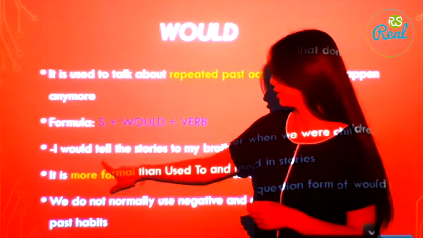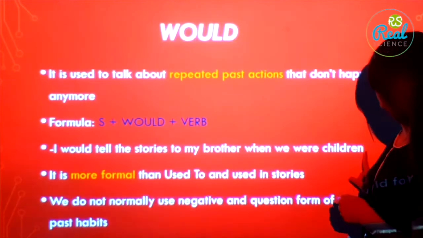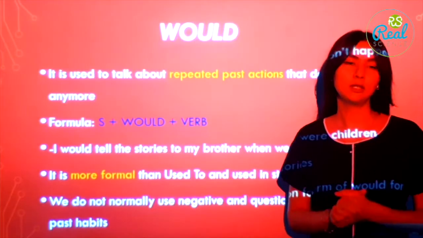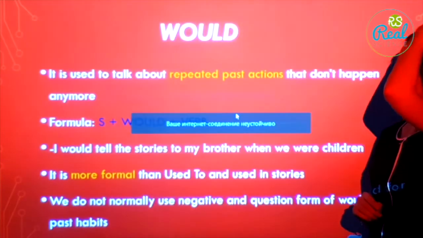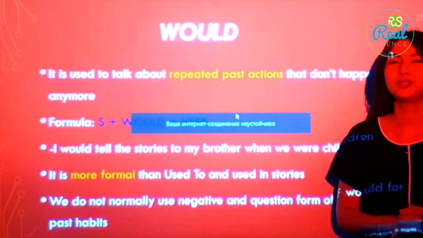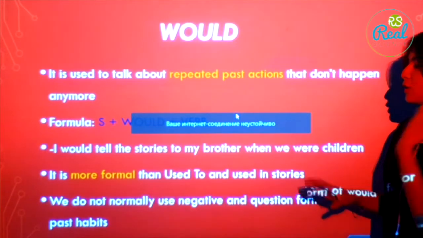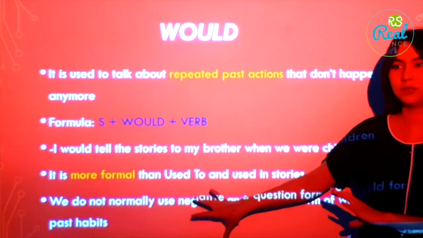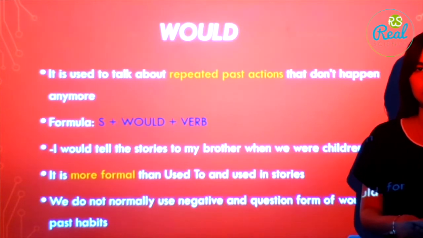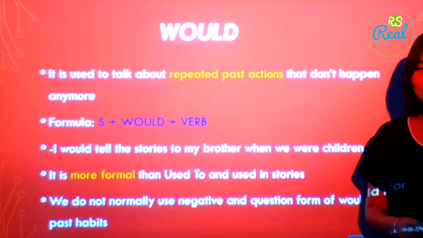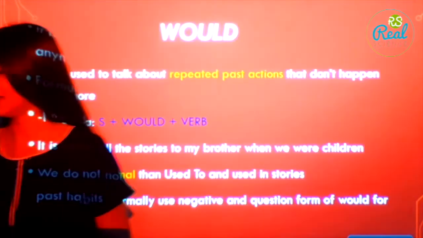Here I use would plus just the verb and the rest of the sentence. Any questions regarding this one? No. So you understood the general difference between them? Yes. Okay, good. Now let's look at the next difference.